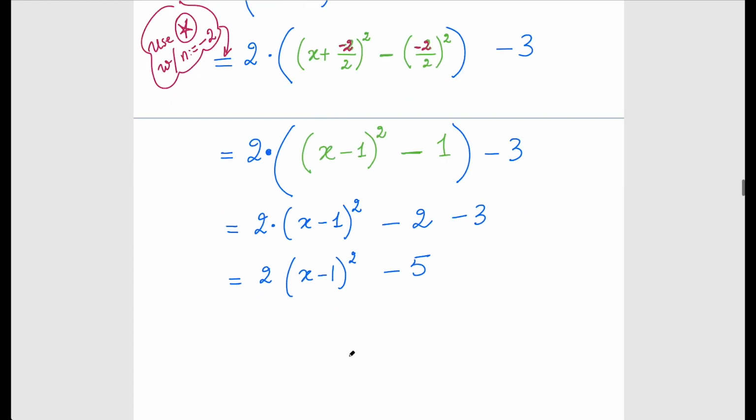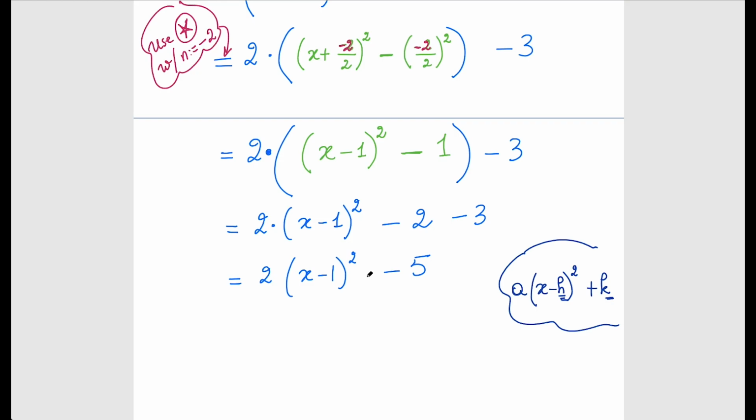Remember, vertex form means it should be written as a times x minus h squared plus k. Remember this thingy here? So this is of the same format then, right? A times x minus h squared plus k. H is 1 and k is negative 5, right?